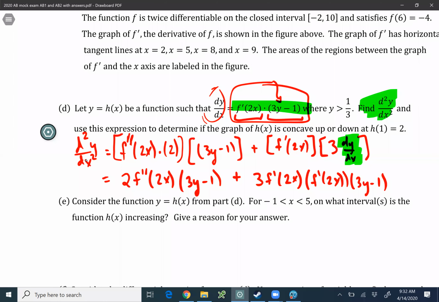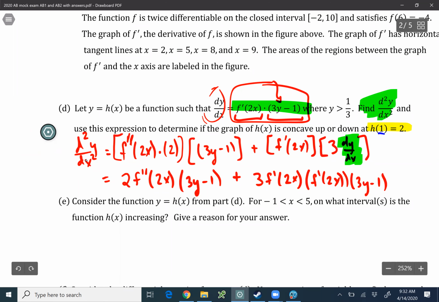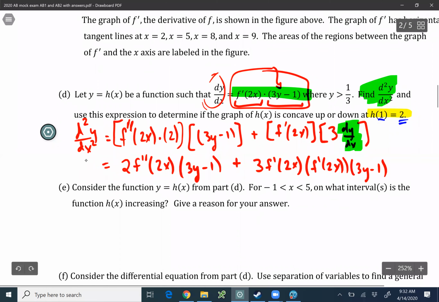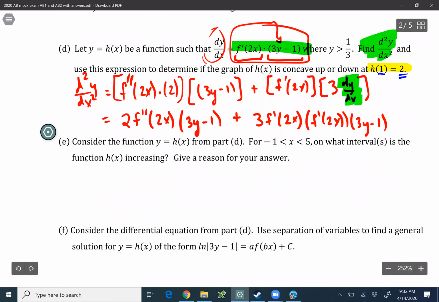That was part 1, and then we're going to use that to find h of 1 equals 2, the second derivative there. Anywhere we see an x, we're going to plug in 1. Anywhere we see a y, we're going to plug in 2. There's not a whole lot of room here, so I'm going to write it down here.